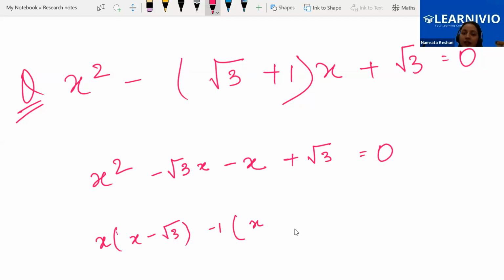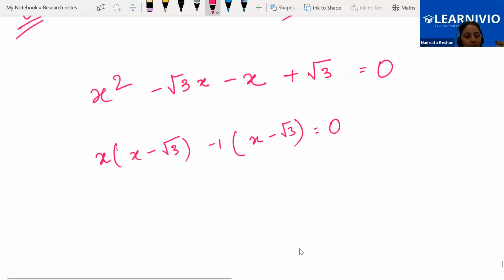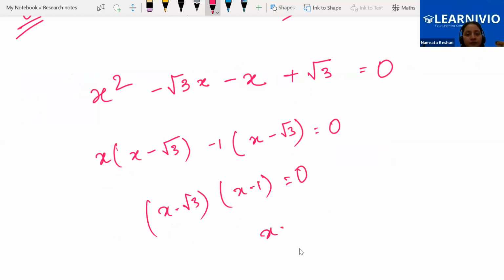Then again x minus root 3. So the factors are (x minus root 3)(x minus 1), which will be perfect. x equals plus root 3, x equals 1. Perfect. Let's do the next one.